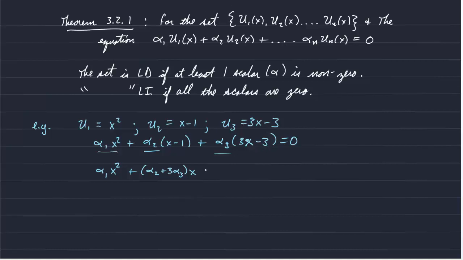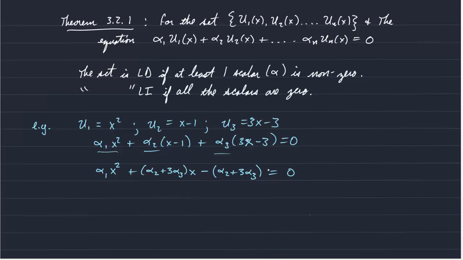That's the constant part, and I should say that's minus alpha 2 plus 3 alpha 3, and that's equal to 0.